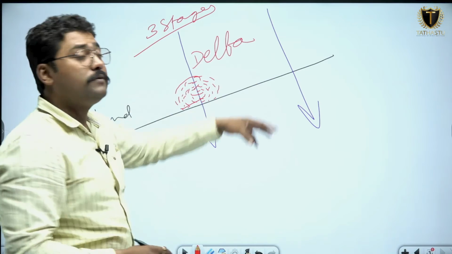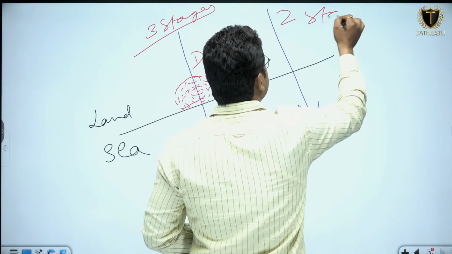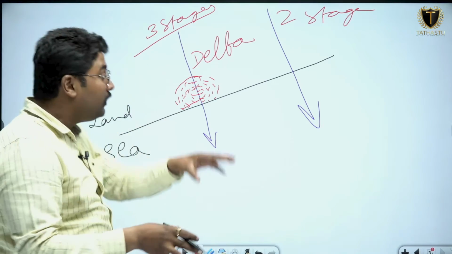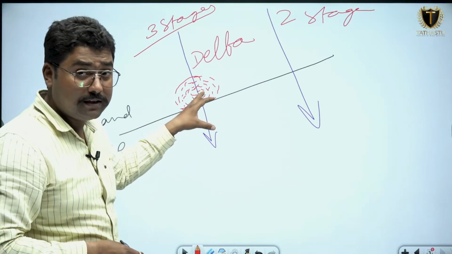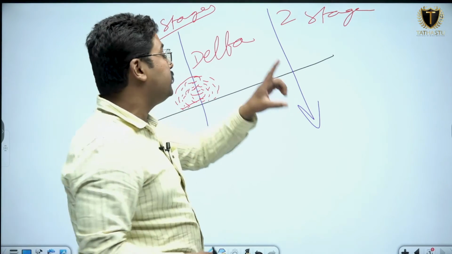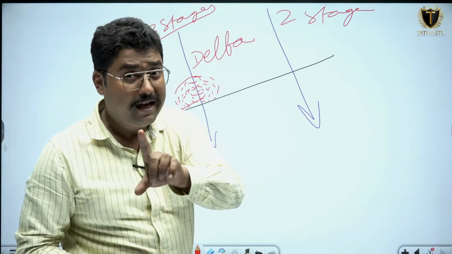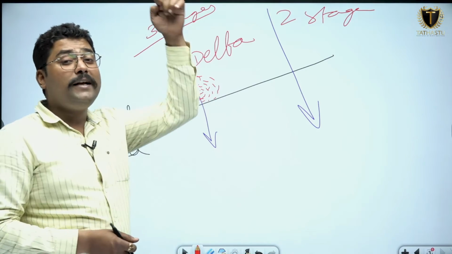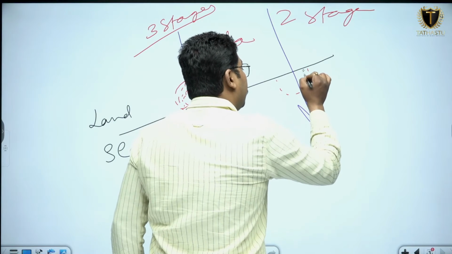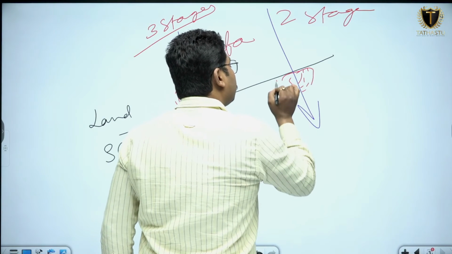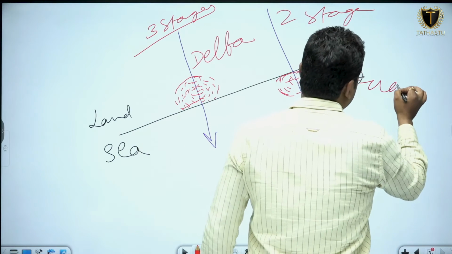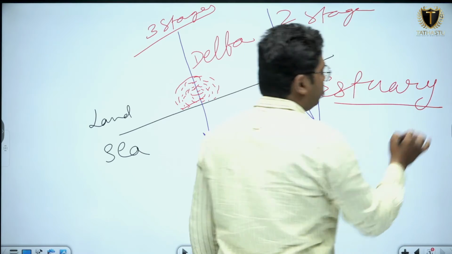But the rivers which are flowing only through the two stages are at comparatively high speed compared to the river moving through three stages. So due to high speed, they are not able to deposit their sediment over the coast or land, but rather after falling in sea, the sediment brought by them is deposited over the seabed near the coast, and then it will be considered as estuary.